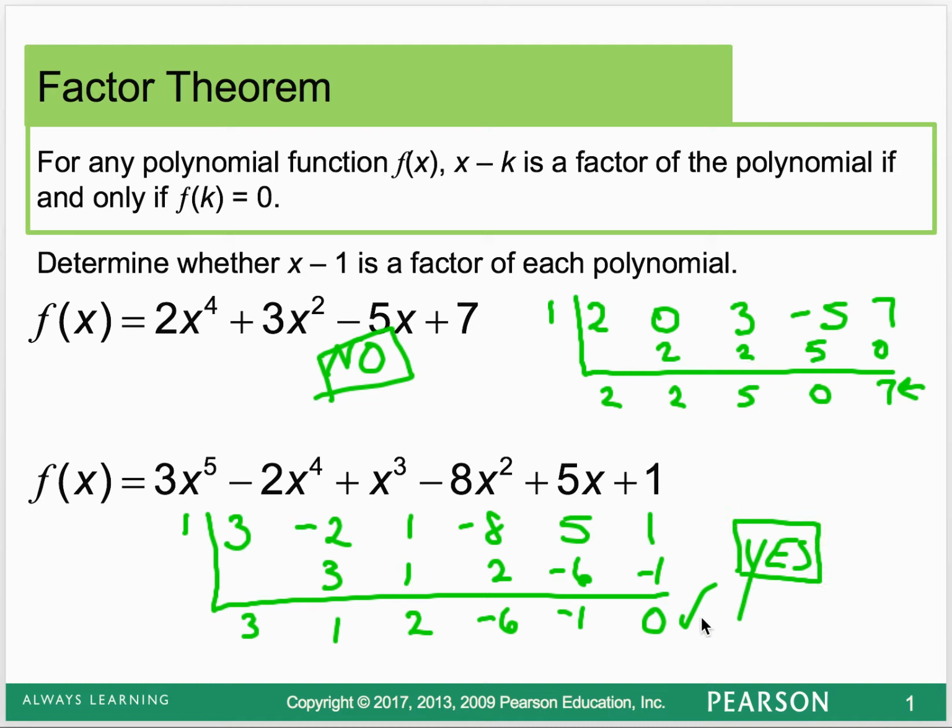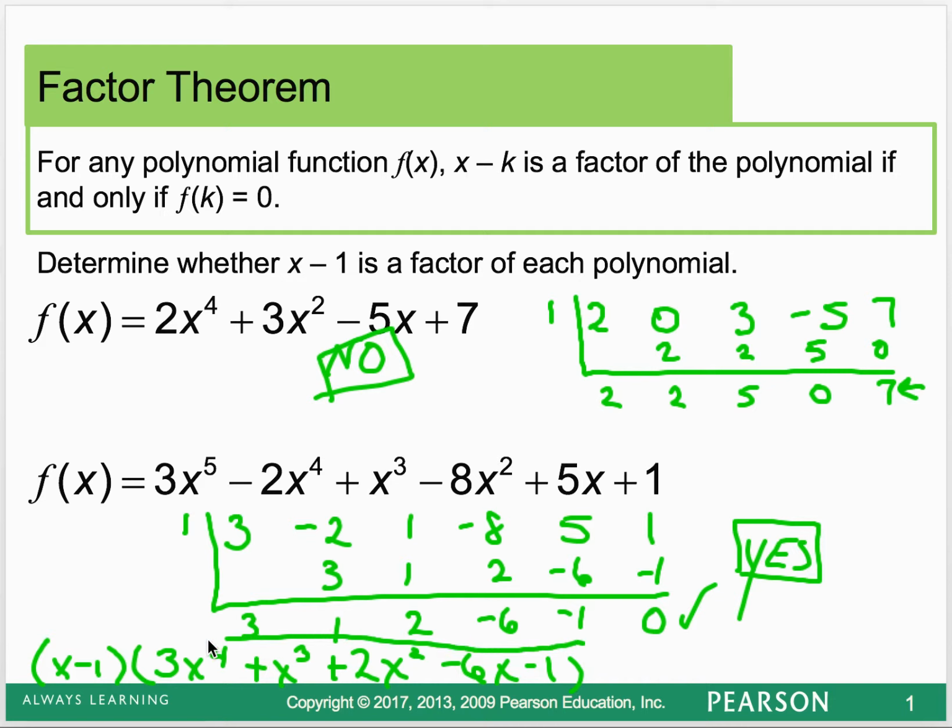What's important for where we're going is that if this is a 0, then I know that I have a factor of x minus 1, and that means, remember, the other factor is going to be 1 degree less, so it's 3x to the 4th plus x cubed plus 2x squared minus 6x minus 1.